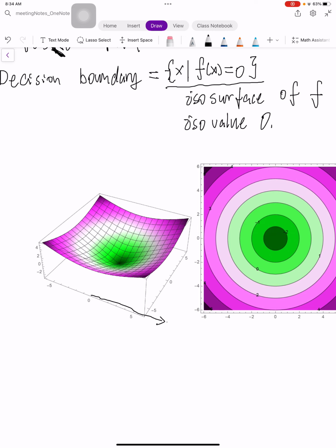This direction is x1, and this direction is x2. And this is supposed to be your decision function f(x).